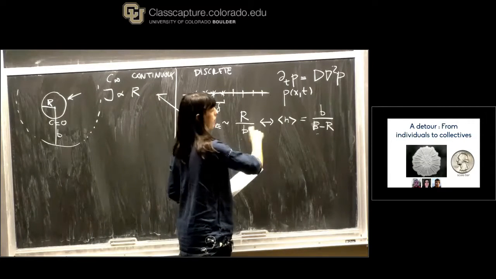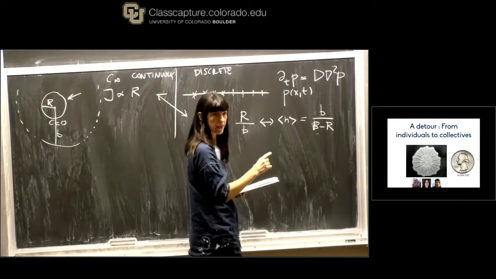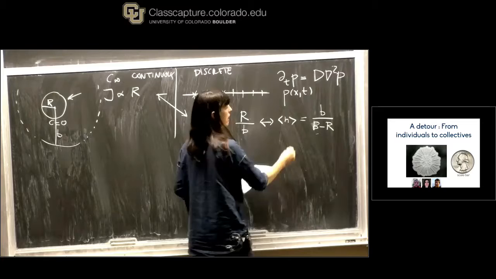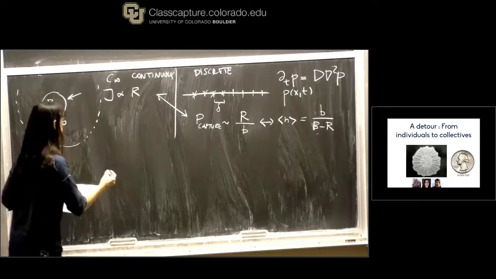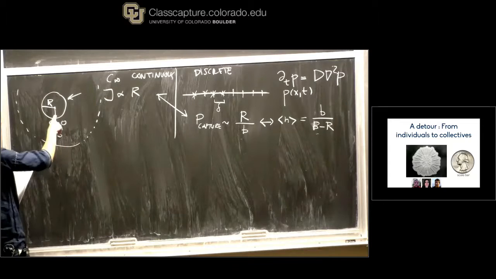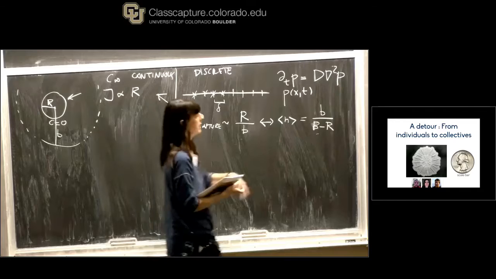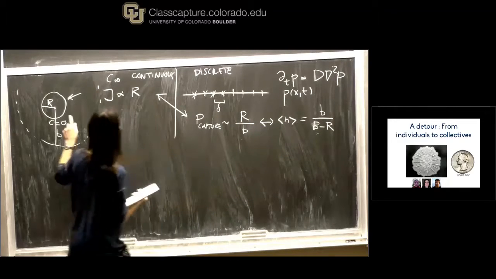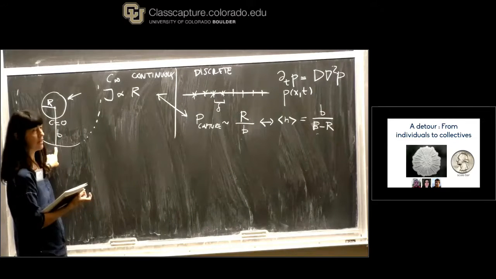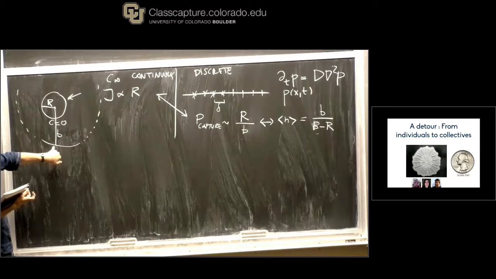Okay, and this goes with, if this is true, then I can demonstrate, and that's pretty quick, that the number of times a random walker starting from here will bump into the absorber goes like B, its initial distance from the center, divided by B minus R. So the distance of the walker at time 0 from the absorber.